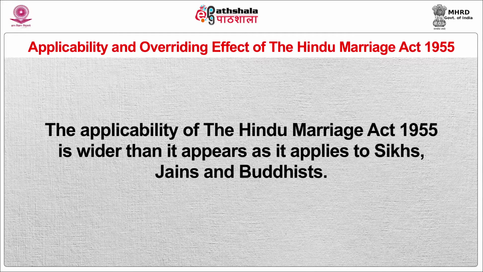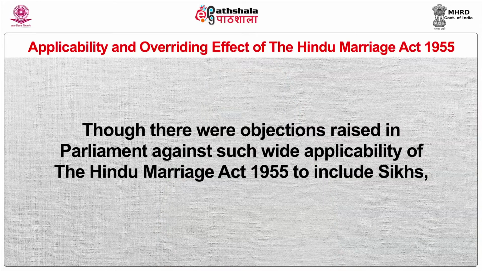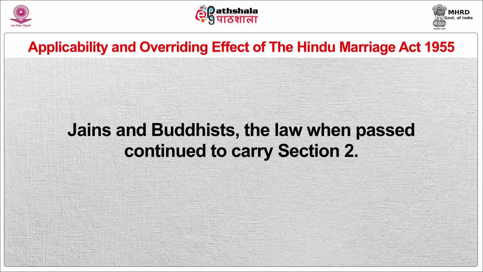The applicability of the Hindu Marriage Act is wider than it appears, as it also applies to all Indic religions, including Sikhs, Jains, and Buddhists. Section 2 of the Hindu Marriage Act explicitly makes the Marriage Act applicable to all the other Indic religions. Though there were objections raised in Parliament against such wide application of the Act, the law, when passed, continued to carry Section 2.